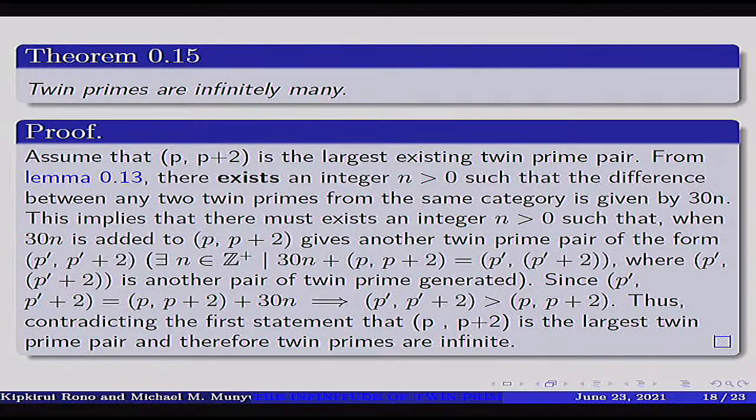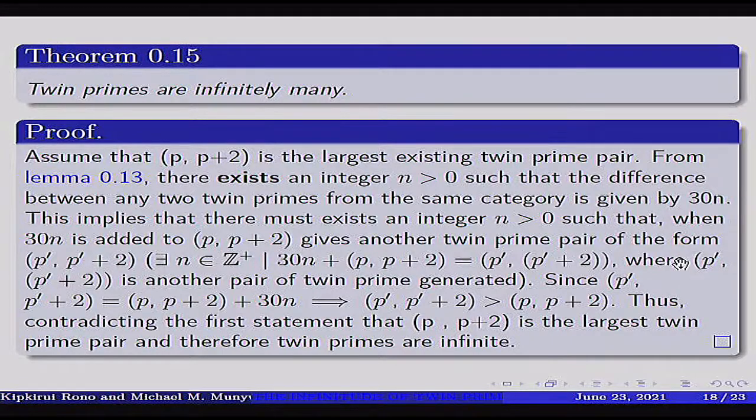We are sure of that. Then there must exist an n such that, given our assumption that this one is the largest, when you add it to p plus 2, it gives another twin prime pair of the form p prime plus 2, which is another twin prime pair generated.